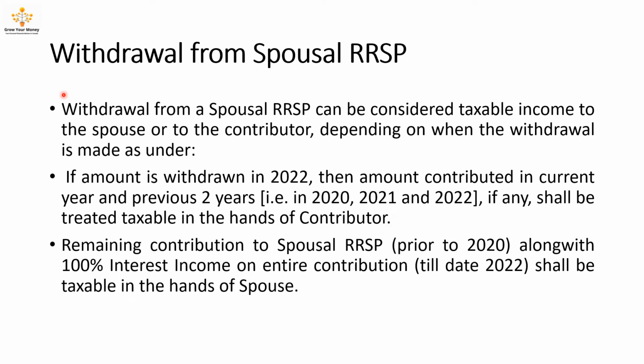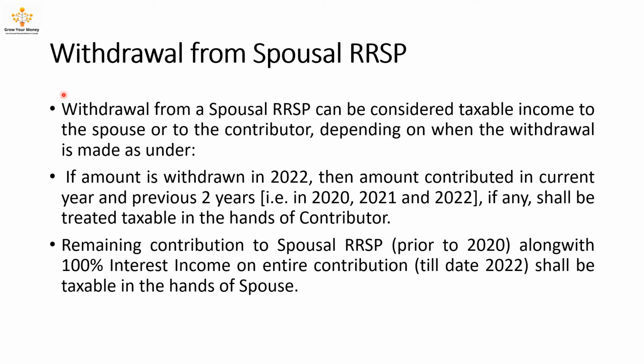There are also certain specific guidelines for withdrawing money from a spousal RRSP. Withdrawal from a spousal RRSP can be considered taxable income to the spouse or to the contributor depending on when the withdrawal is made.